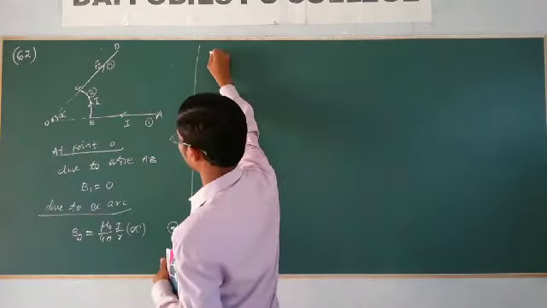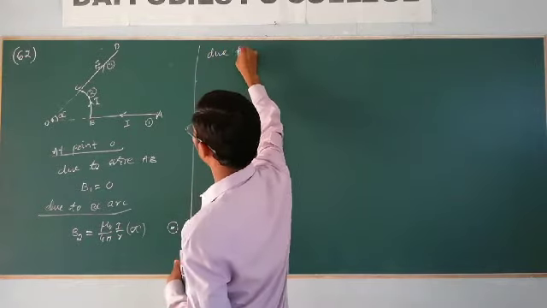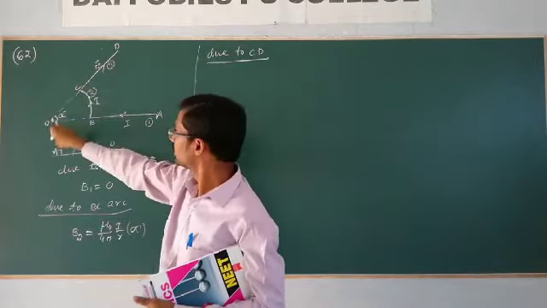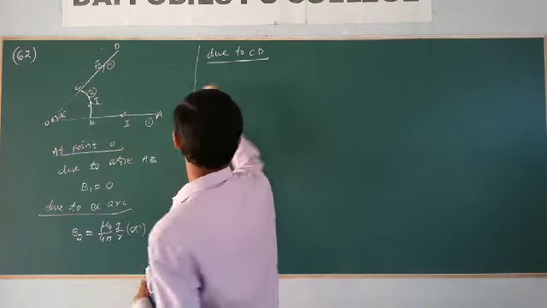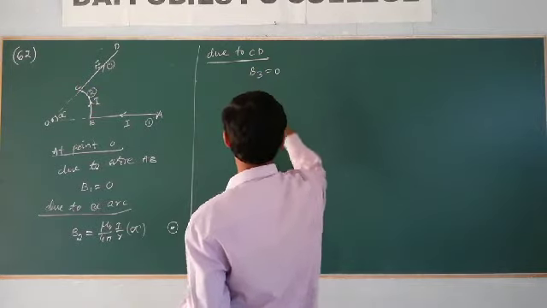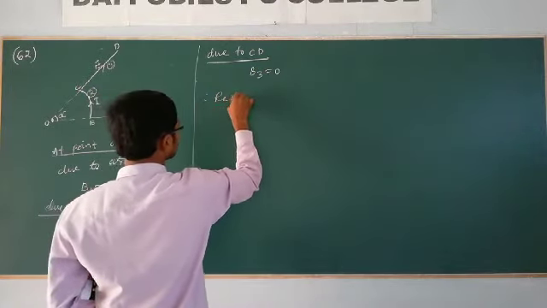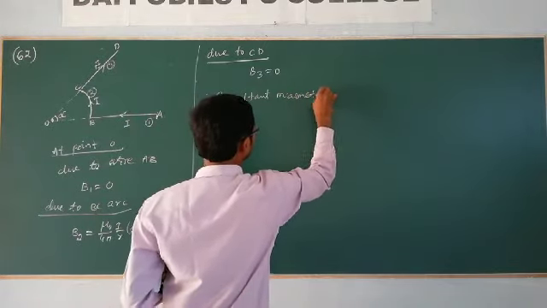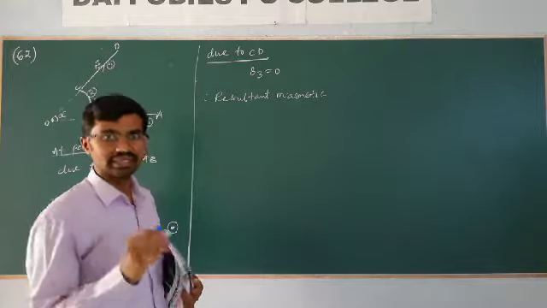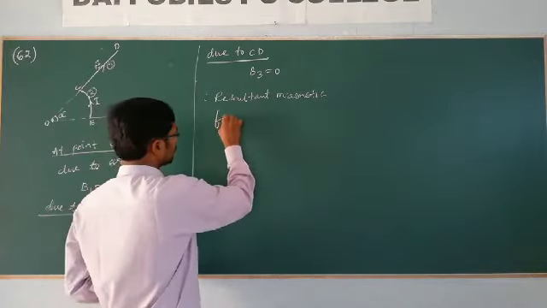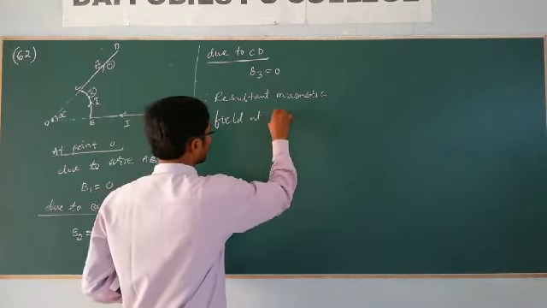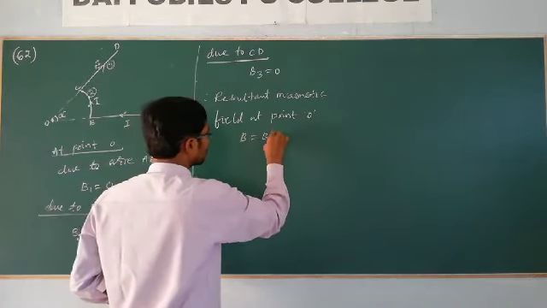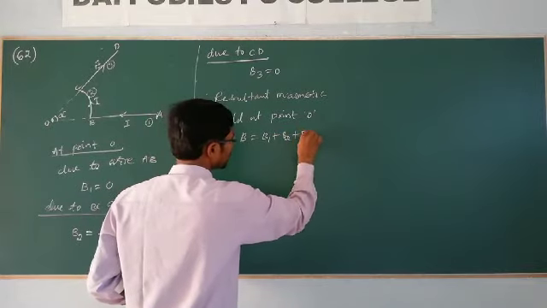Similarly, due to CD, for this CD, this point is along the axis, therefore B3 also 0. Therefore resultant magnetic field at point O, B is equal to B1 plus B2 plus B3.